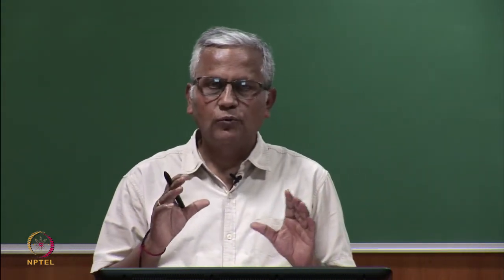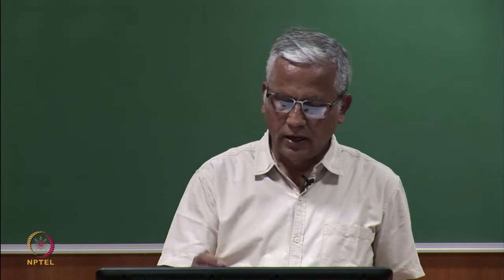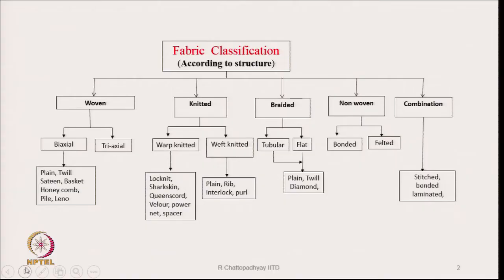Now, here the very first slide gives you an idea about the way the fabrics can be classified. According to structure, it can be classified as woven fabrics, knitted fabrics, braided fabrics, non-woven fabrics and a combination. So, you can have 5 types of fabrics.